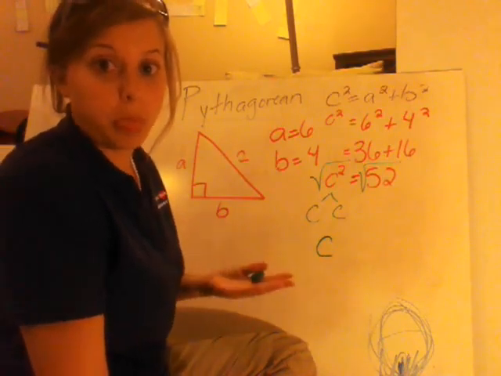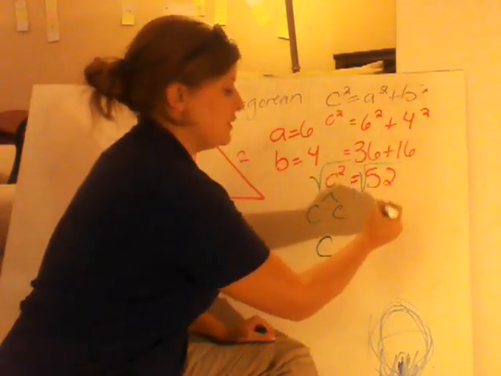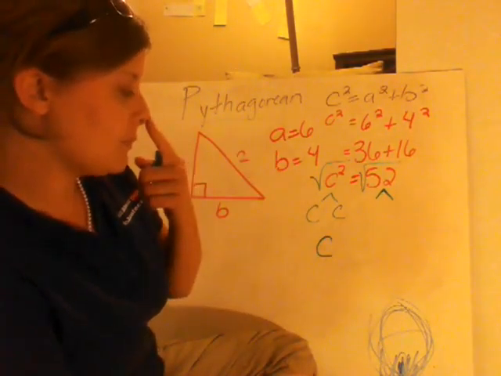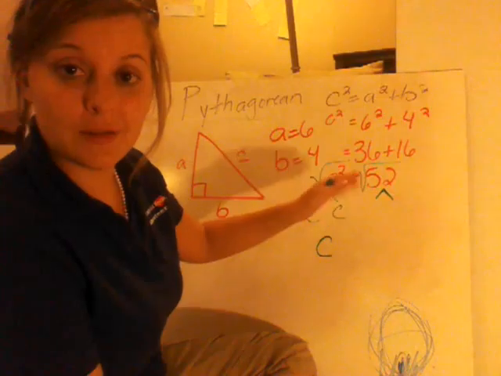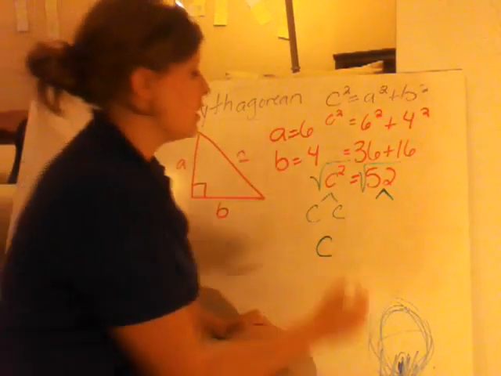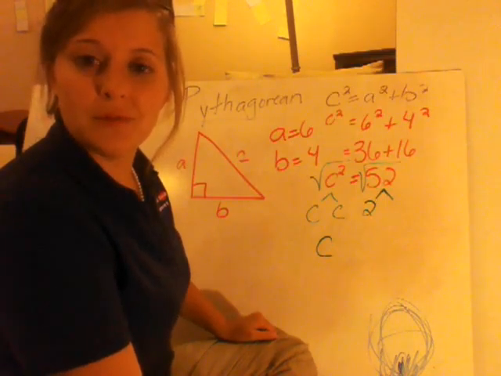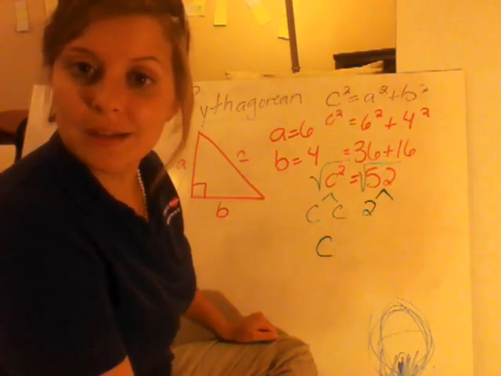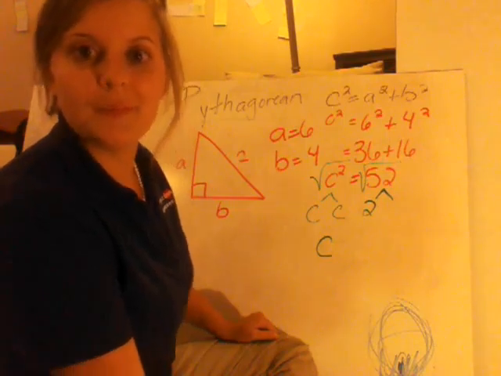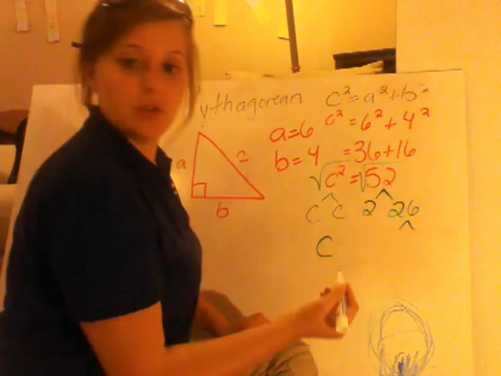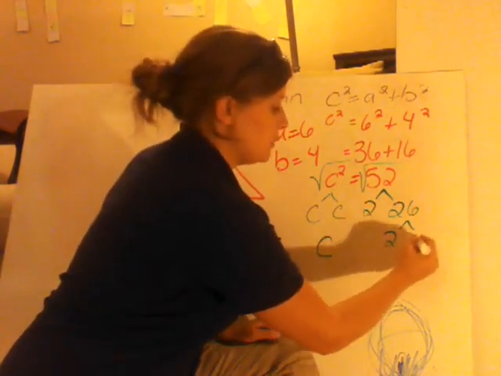My bad. Alright, so I've got 52. What am I going to do with 52? Well, I could probably divide it by 2 because there's an even number at the end. So I'll start with a 2. 2 times 26 is 52. 26 is an even number too, so I can break it down again, at least by 2.